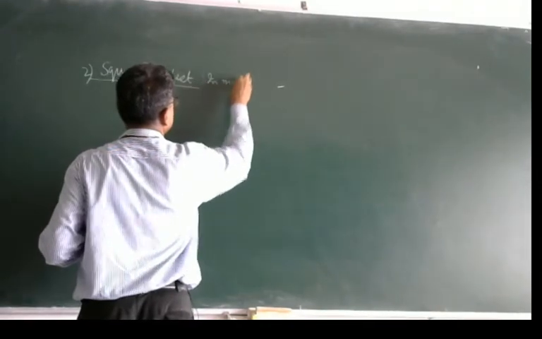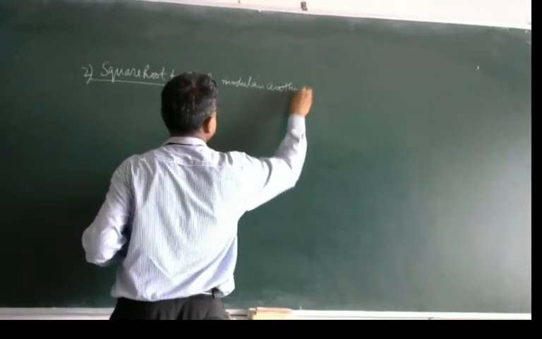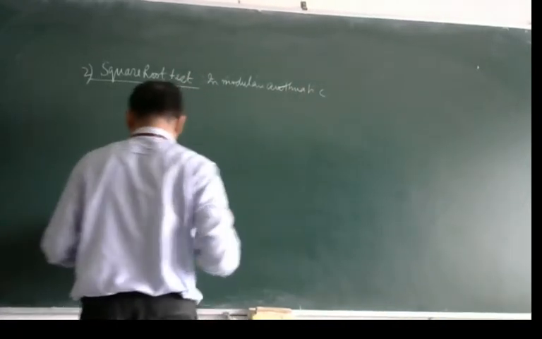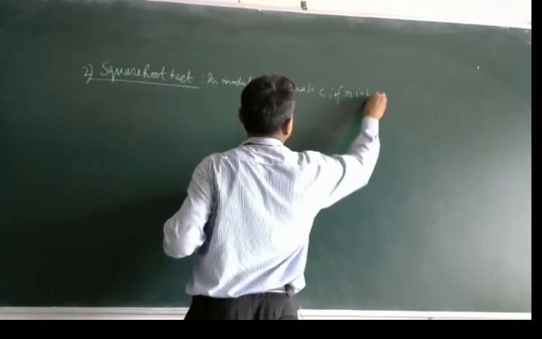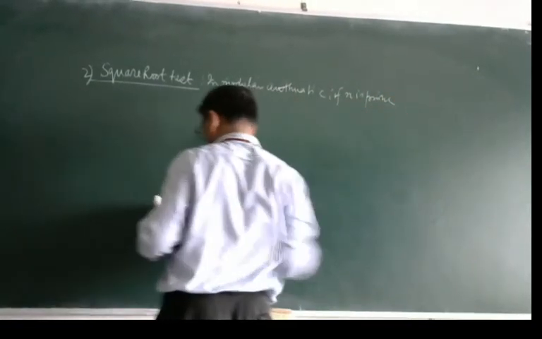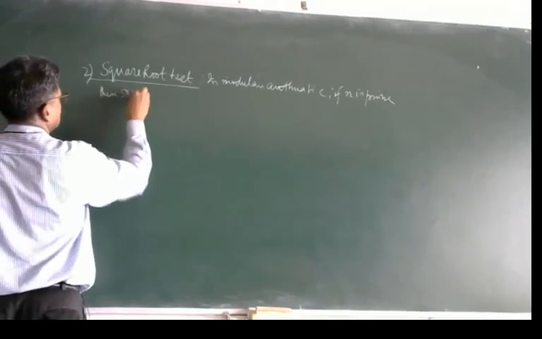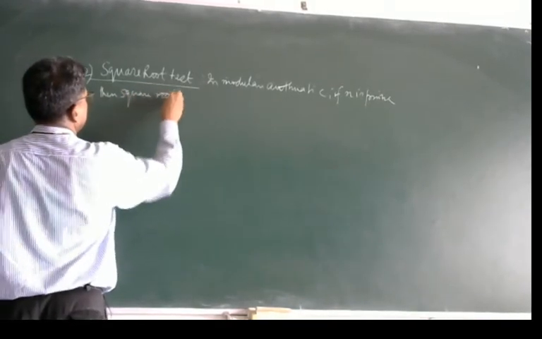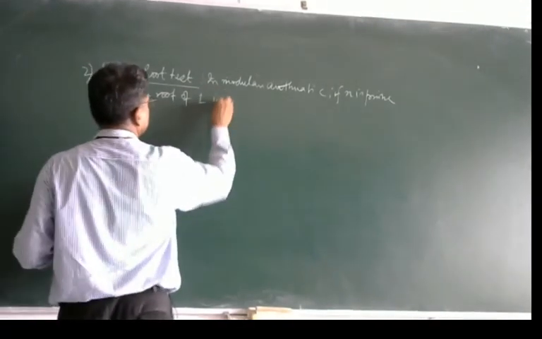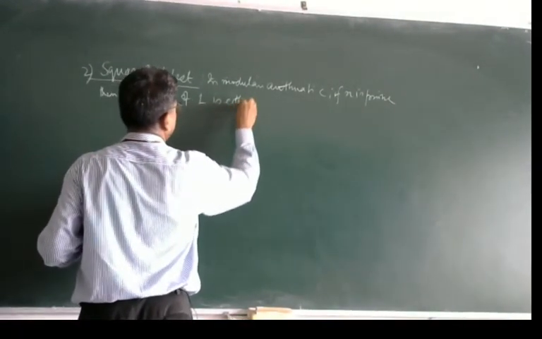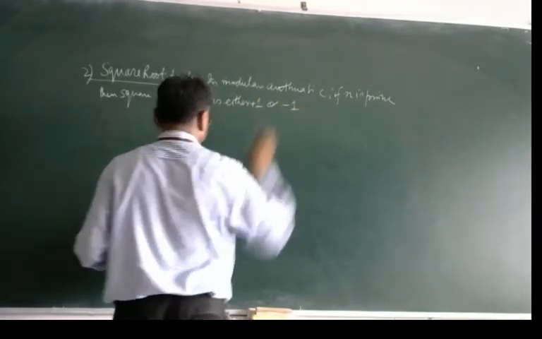In modular arithmetic, if n is prime, then the square root of 1 is either plus 1 or minus 1.